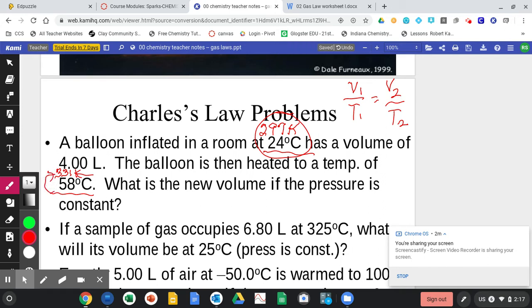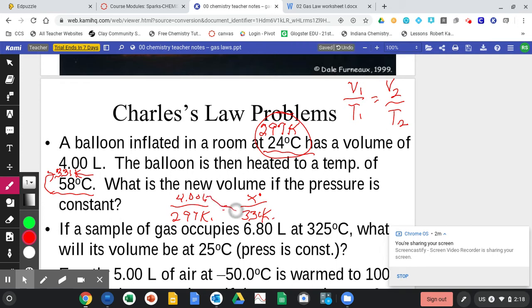So I want to know the new volume here. So I have 4 liters all over 297 Kelvin, because those were the ones, and that's equal to X all over 331. So again, when you set up a direct proportion, liters and liters go on top, Kelvin and Kelvin go on bottom.